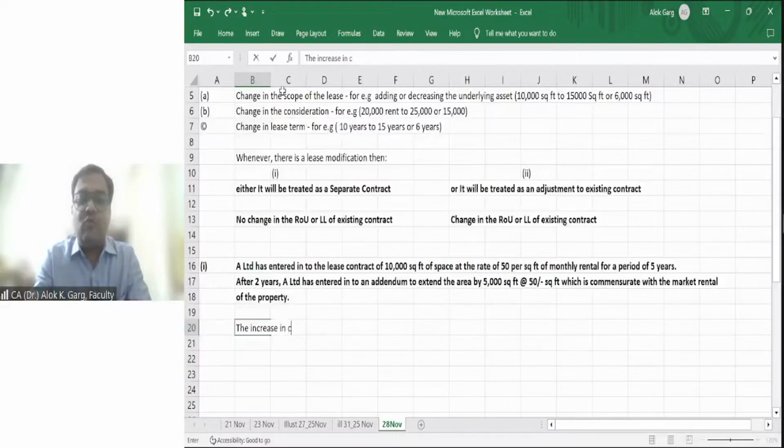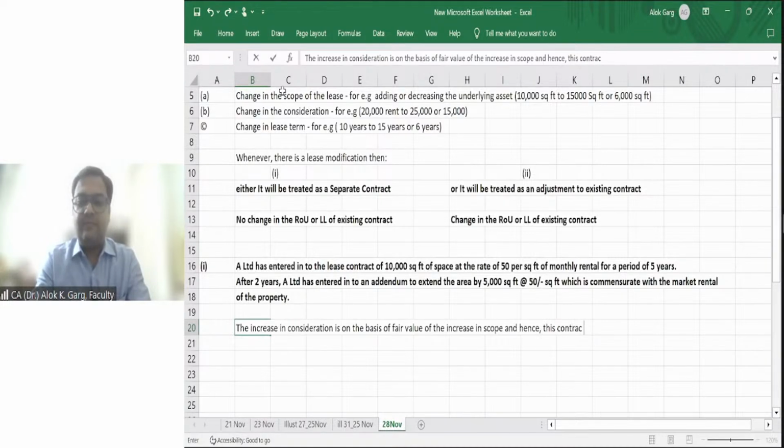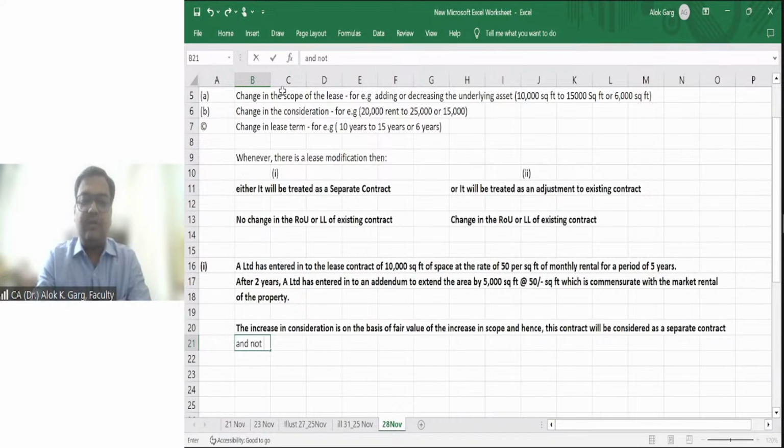The increase in scope, the increase in consideration is on the basis of fair value of the increase in scope, and hence this contract will be considered as a separate contract, and not as an adjustment to the existing contract, right?